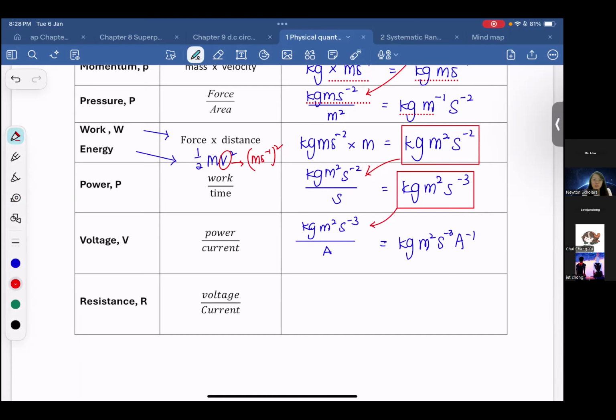Okay, dear, are you able to get the same SI base unit as me for the voltage part? kg m^2 s^-3 A^-1. So can you see that kg, m, s, A are all in our 5 base units? Okay, is it okay for voltage?